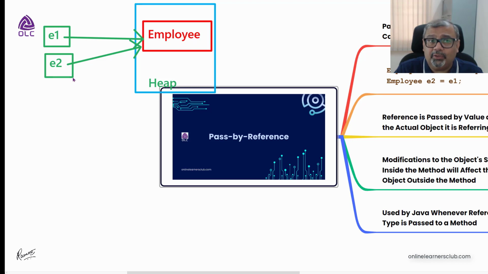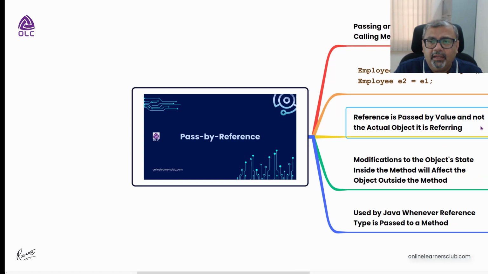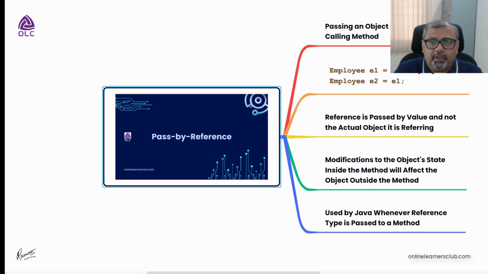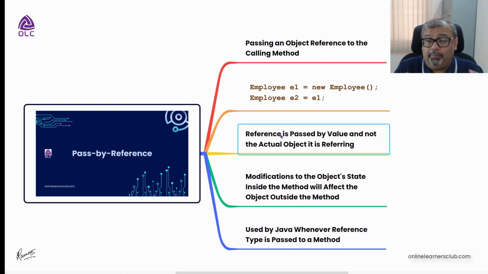There are two variables here pointing to the same object, and this is the concept we are trying to bring in here. The reference variable is copied, but both variables are pointing to the same object.